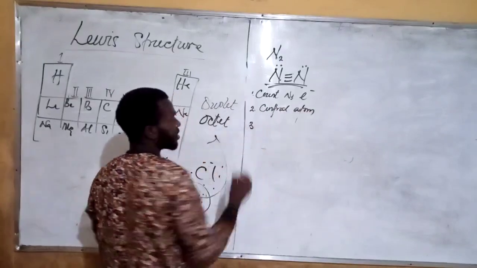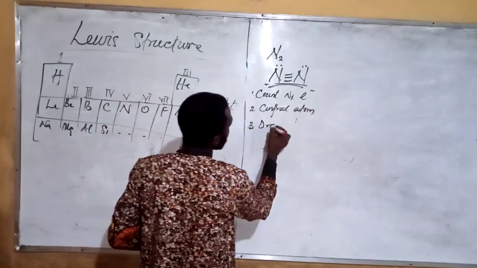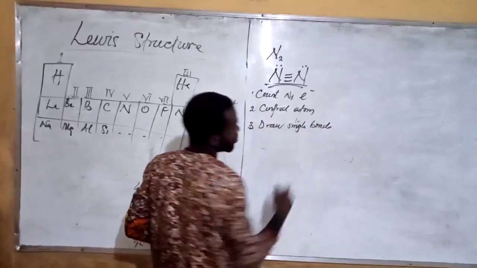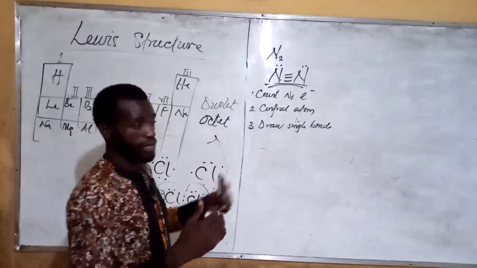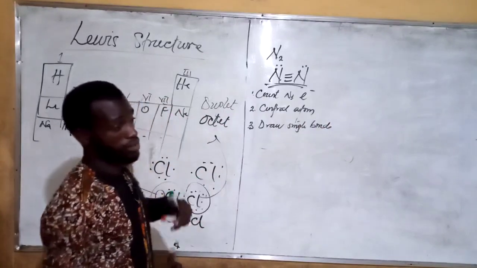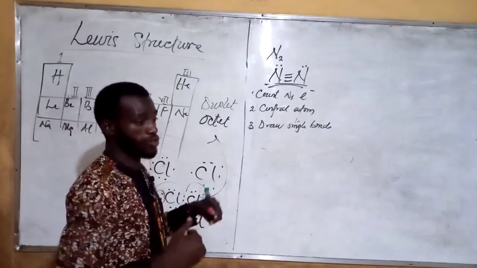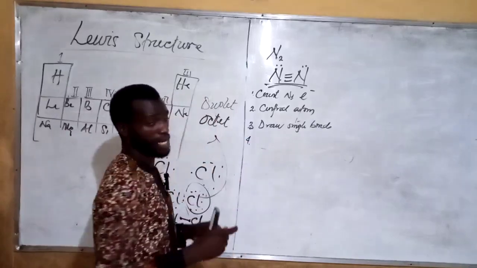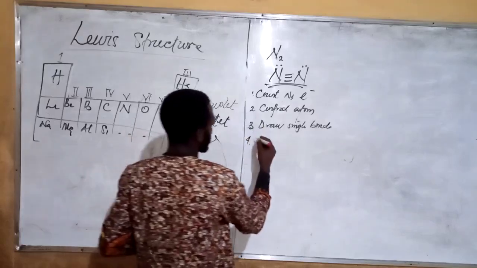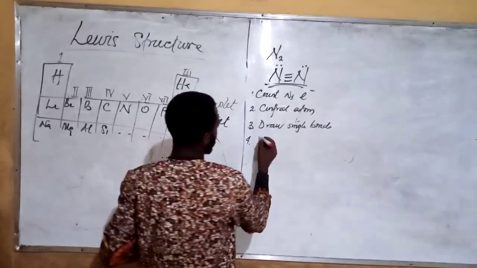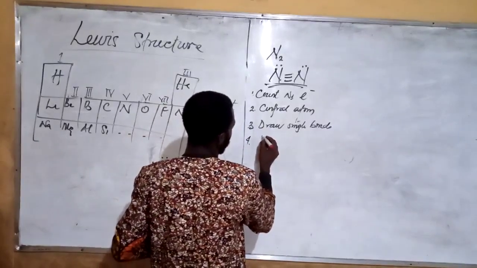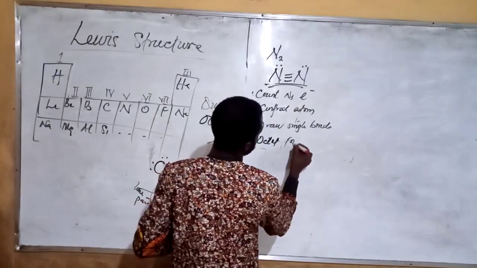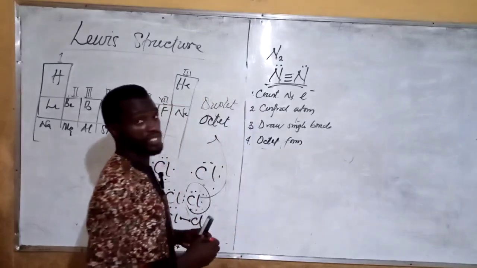After determining the central atom, you now draw single bonds to join around the central atom, to join other atoms. Then, after drawing that, make sure that everyone attains a stable octet. Determine the octet forms of each of the bonding atoms.